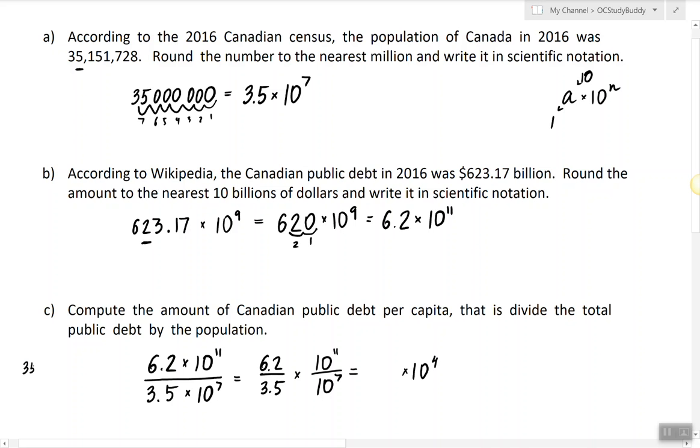So let's divide 3.5 into 6.2. It's the same as dividing 35 into 62, so we can remove that decimal there. Let's go ahead and divide 35 into 62.